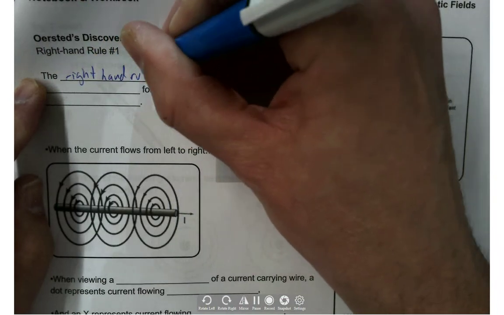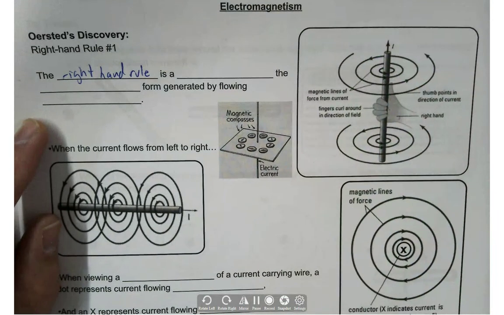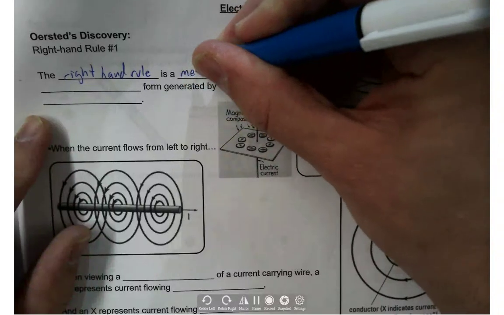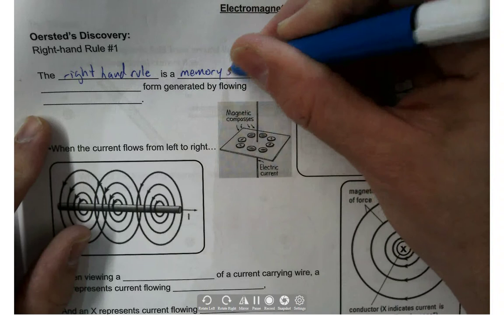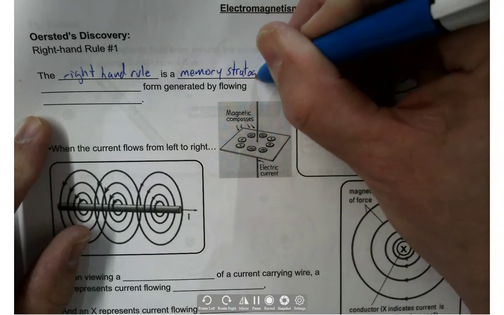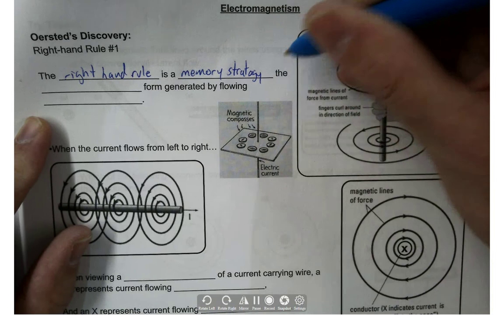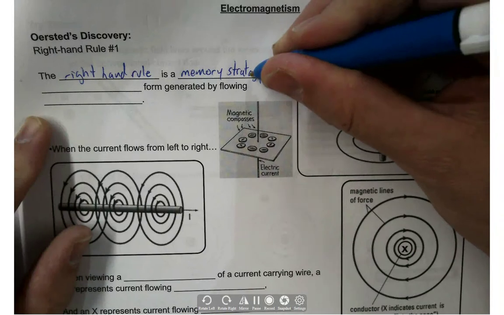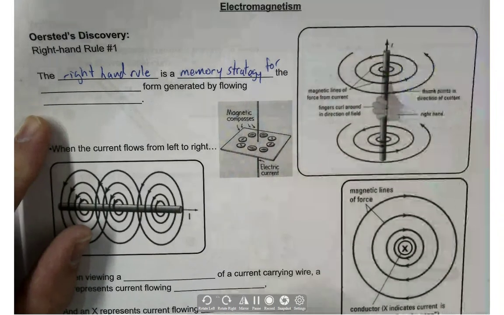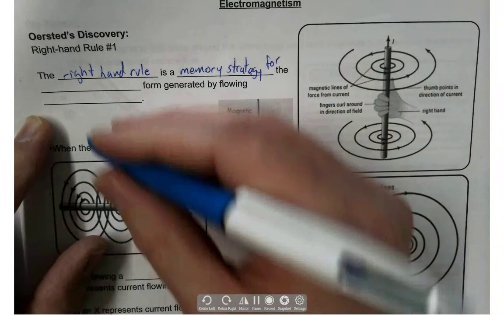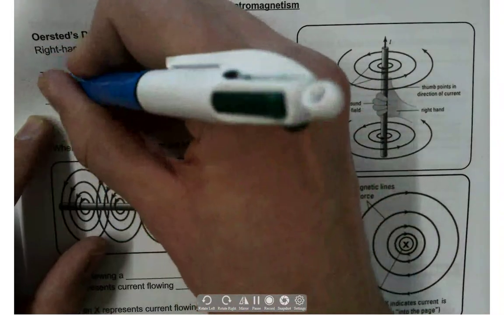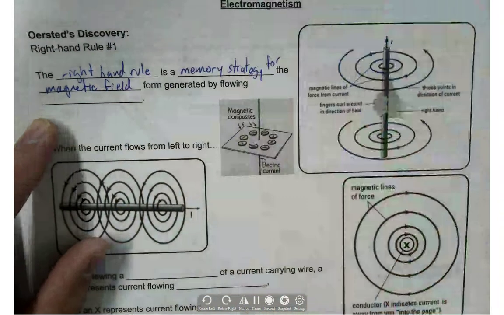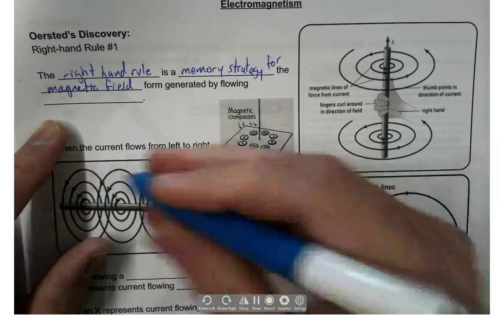Right hand rule is a pattern of magnetic fields for memorization. So it's a memory strategy for magnetic field form generated by flowing electric current.